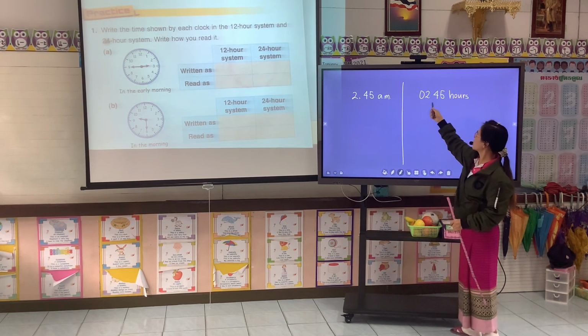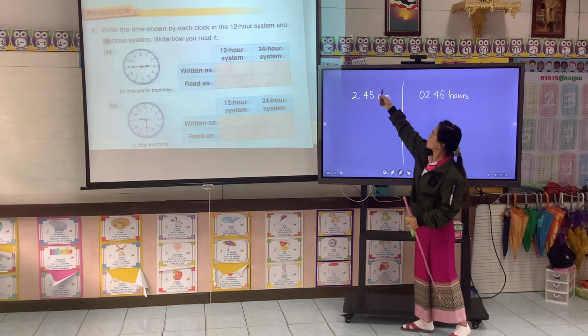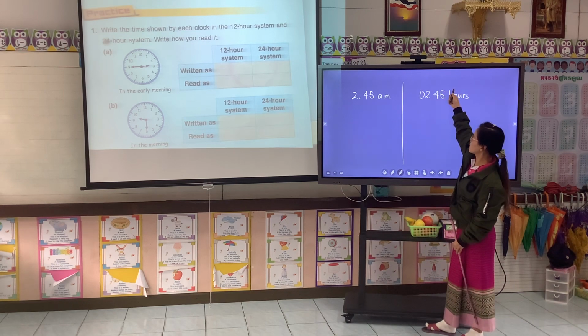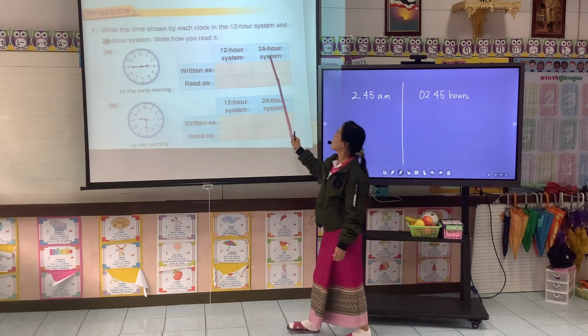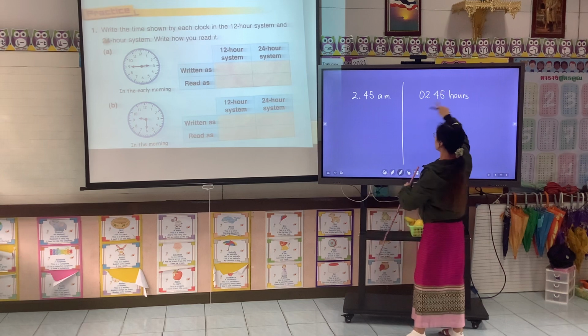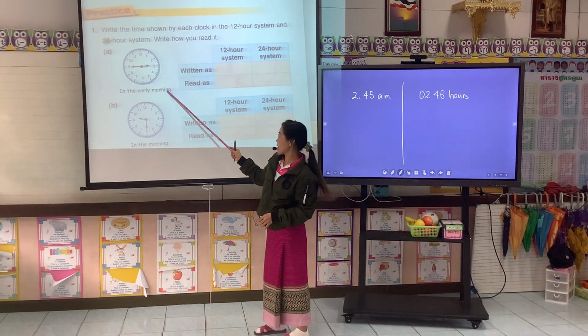Okay? 02:45 hours. Can you see the difference? This is the 12-hour system and the 24-hour system. Okay? So early morning here in the 24-hour system, we don't need to add 12, because it is early morning.